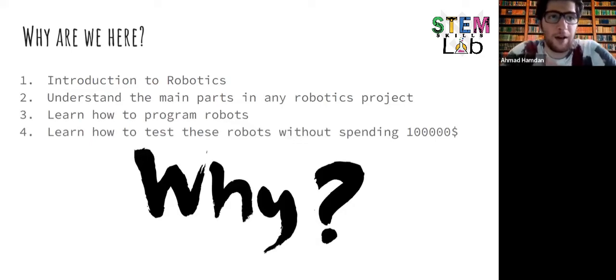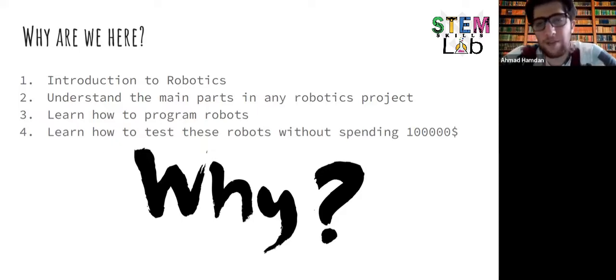So, why are we here? This is a big question. Again, this is an introductory video for you, which I hope will motivate you to sign up for this course. Basically, this is what we are going to do during this course.